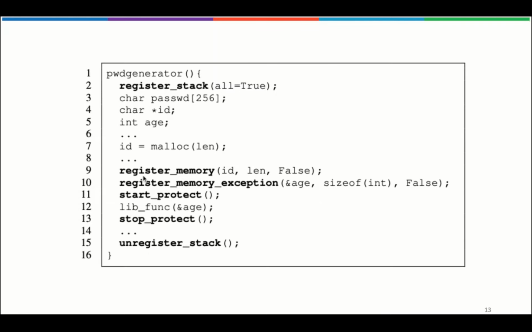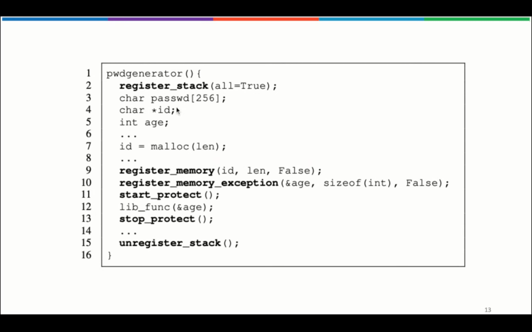Now what we also do is that we talk about register memory. We say that this is the memory, like memory malloc, right? On heap, it allocated a memory buffer of size alen bytes, and then returns it as a pointer, ID.